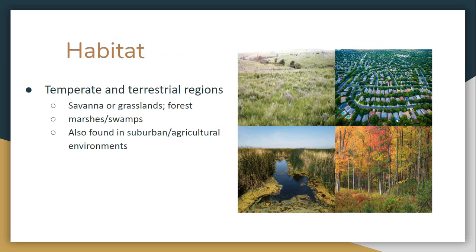Their habitat: they can survive in a variety of habitats, savanna and grasslands, forests, marshes, swamps, and they are also very commonly found in suburban and agricultural environments.